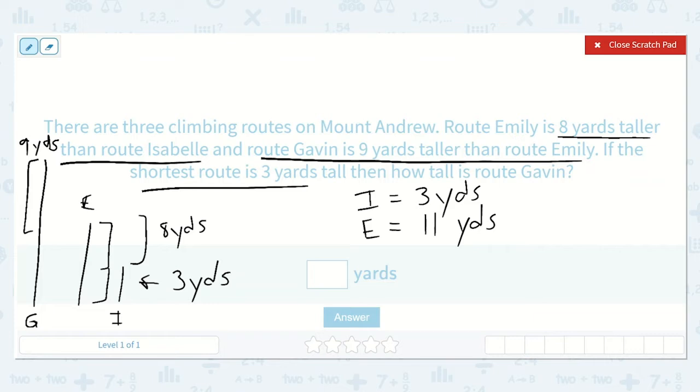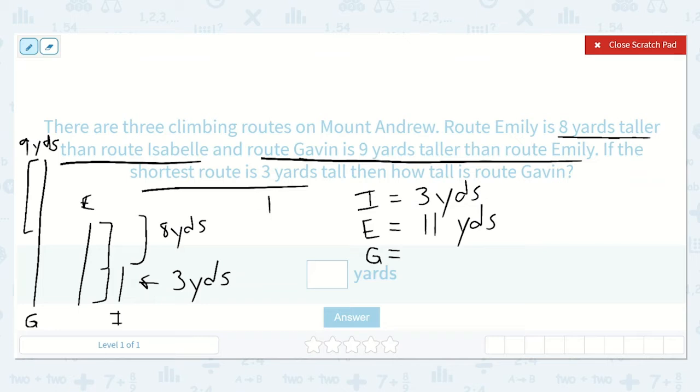And now they said, if the shortest route is 3 yards tall, then how tall is Route Gavin? Well, we know that Route Gavin is 9 yards taller than Route Emily. So if Route Emily is 11 and Gavin is 9 yards taller, we know that Gavin is 11 plus 9.